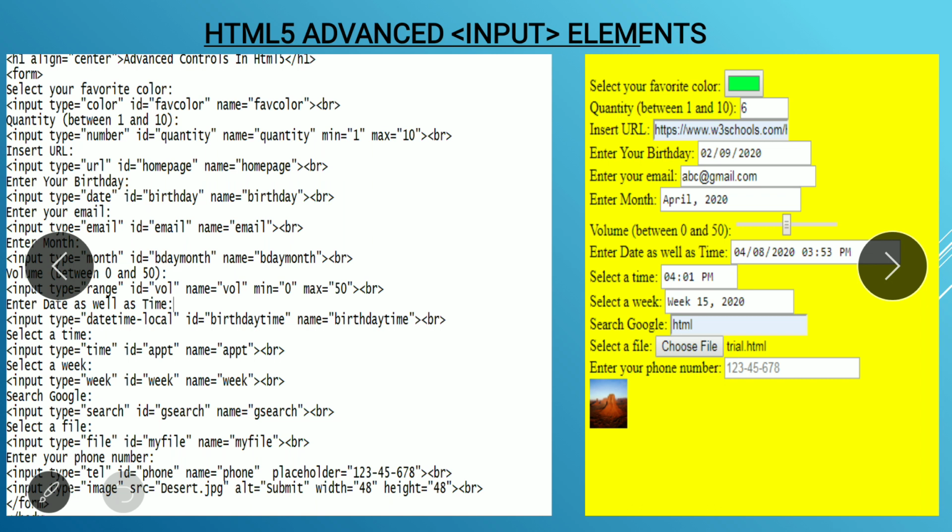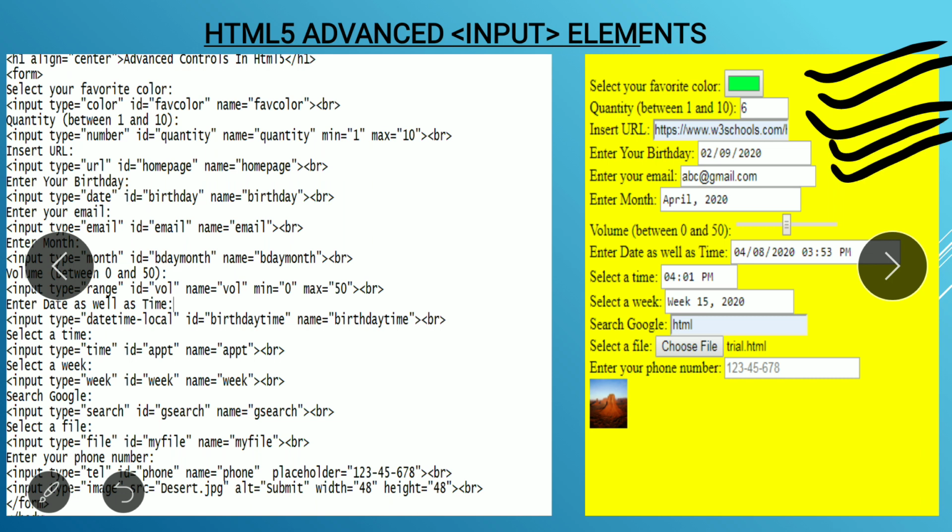Okay. So you can see here, that is a color picker, that is a number, this is a URL control, this is nothing but the date control, this is email, this is only the month, this is range, this is time.